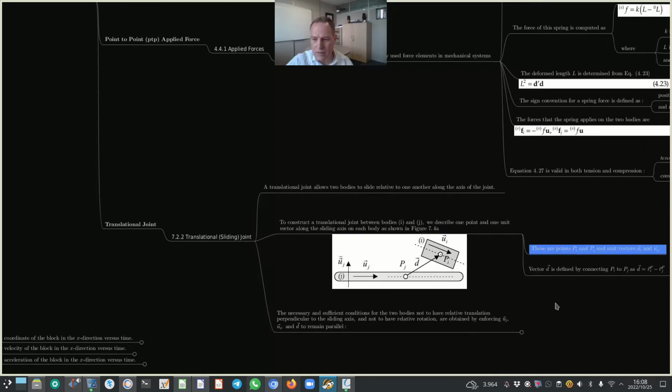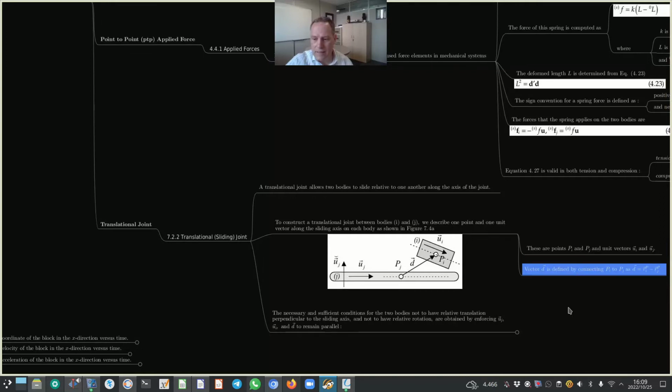Now these points are pi and pj, and the unit vectors are ui and uj. Okay, and that's indicated here in figure 7.4a. Now the vector d is defined by connecting points pi to pj. Okay, and this I've explained earlier.